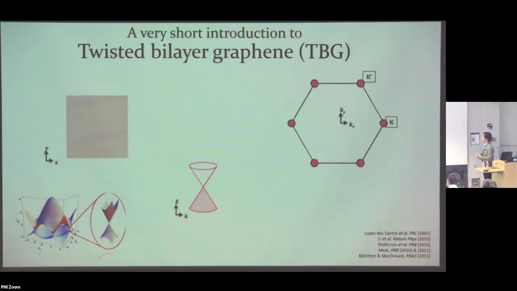In the first part of this talk, I will give you a very short introduction to twisted bilayer graphene and how it works and why it generates all this interesting physics, from an experimentalist's point of view, maybe different from how theorists look at these problems, but also giving a chronological description of how these things came into play.